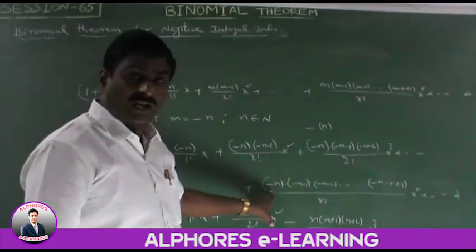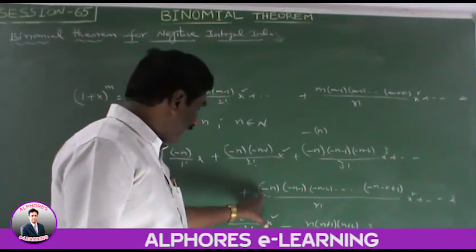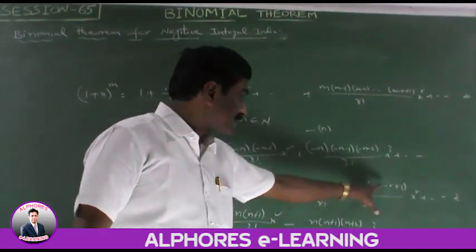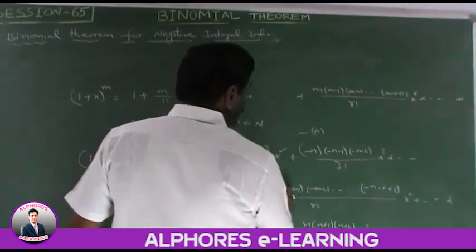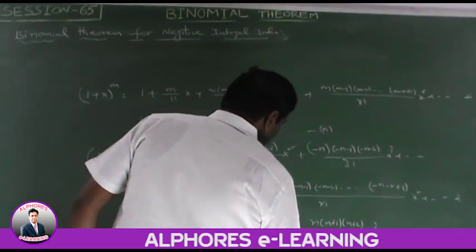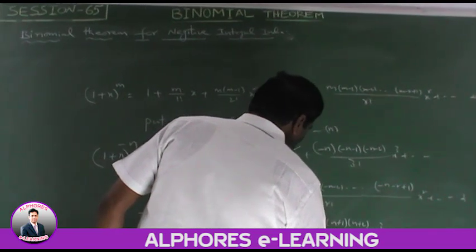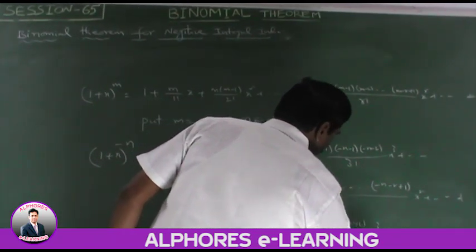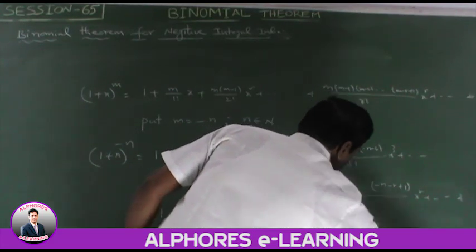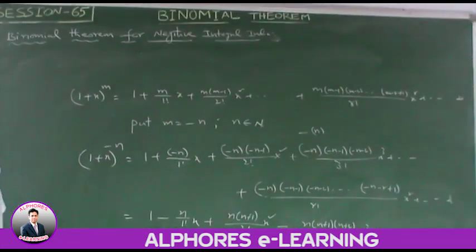What is this value? In this case, how many terms are obtained? r terms: minus of (n + 1), minus of (n + 2), up to minus of (n + r − 1). So minus into minus, r times, means (−1)^r n(n + 1)...(n + r − 1)/r! x^r and so on to infinity.